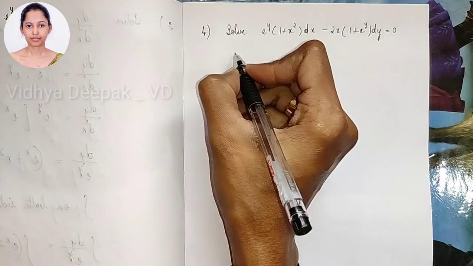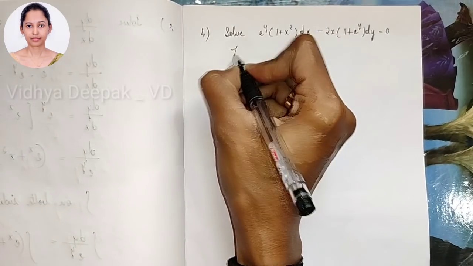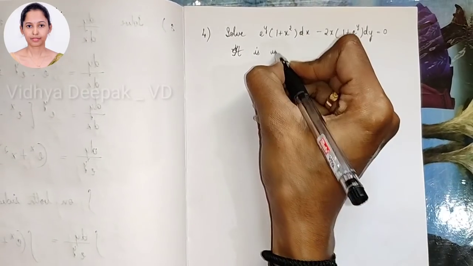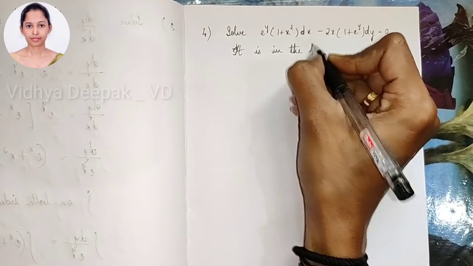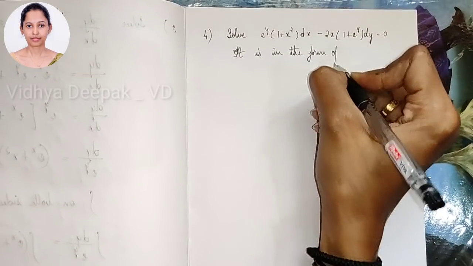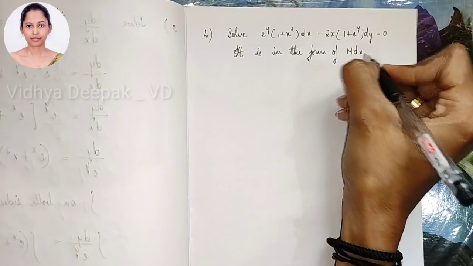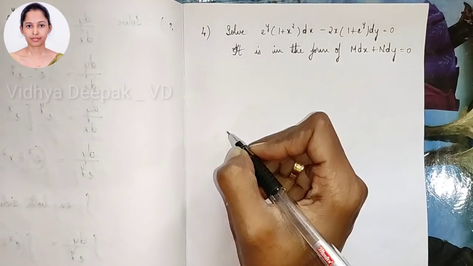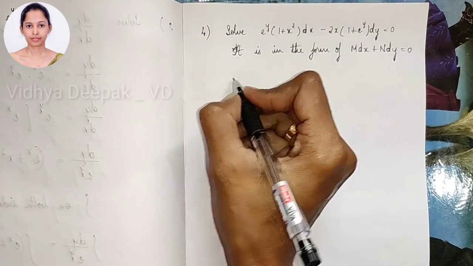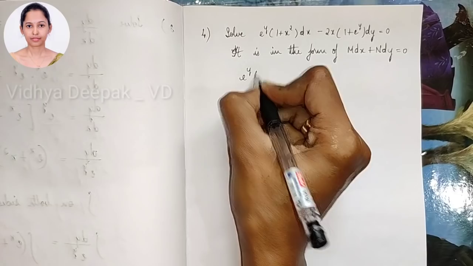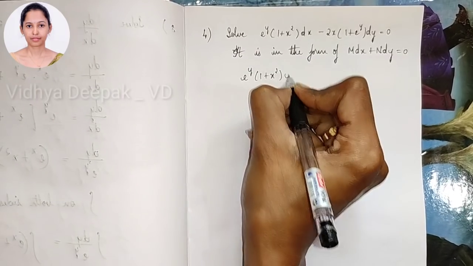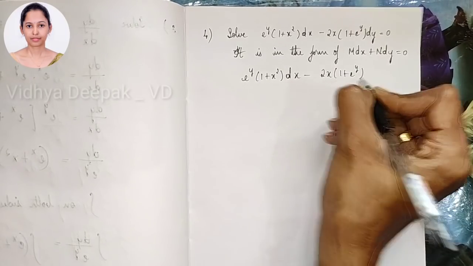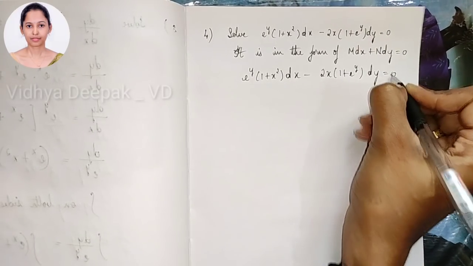So here it is in the form of M dx plus N dy is equal to 0, right?